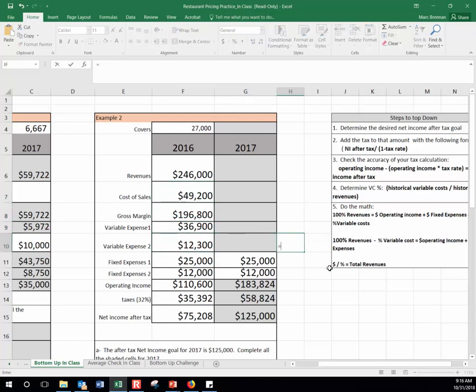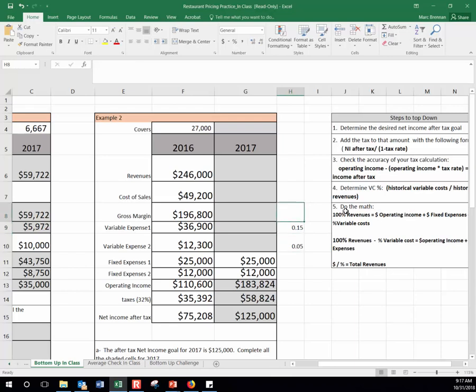So in this case, we could just go $12,300 divided by, and all I'm doing is dividing my variable expense number 2 by my revenues from 2016. So that was 5%. Then I need to find out variable expense number 1, so $36,900 divided by $246,000.